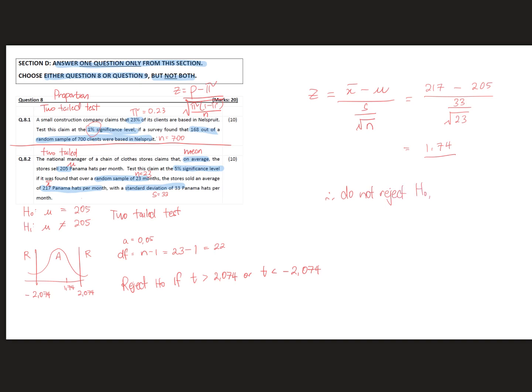And what does this mean? Now again, where was our claim? They claim that the store does sell 205 hats per month. So their claim was actually in the null hypothesis, that it's equal to 205 hats. So here you're going to say the claim is probably true. We do say probably because we can never guarantee that it will be true.